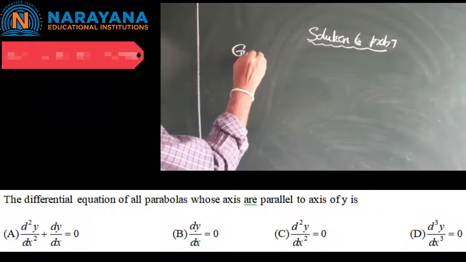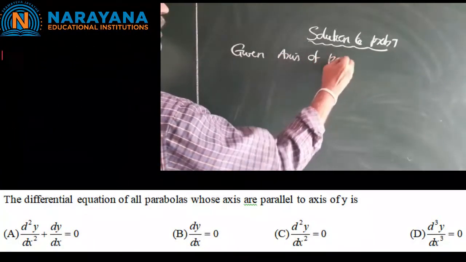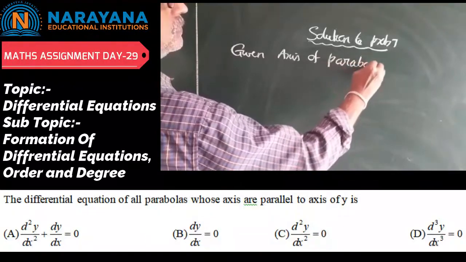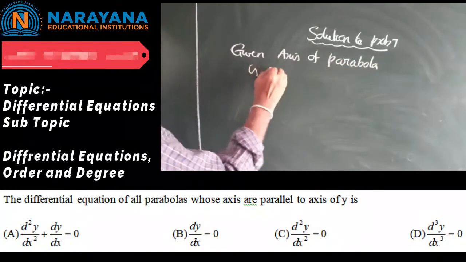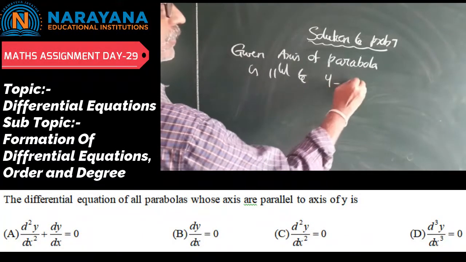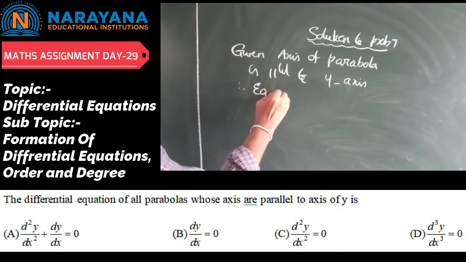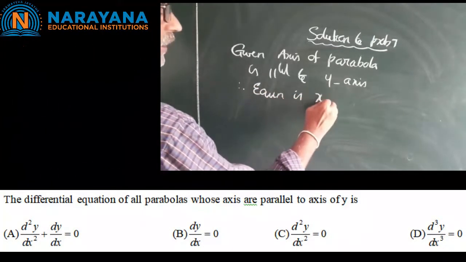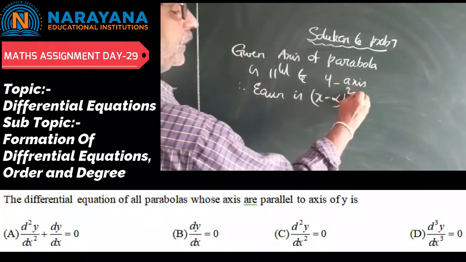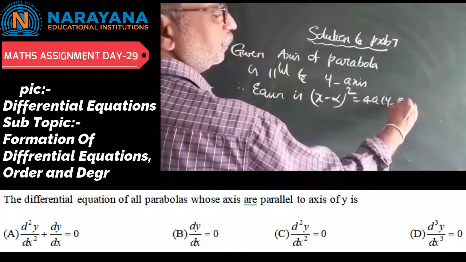Solution to problem number 7. Given axis of parabola is parallel to y-axis. Therefore equation is x minus alpha whole square equal to 4a into y minus beta.